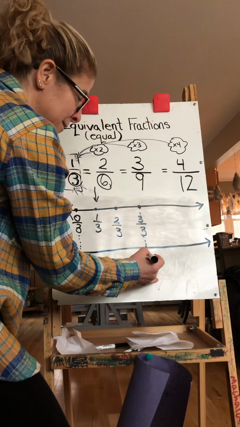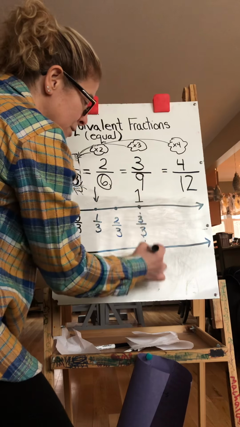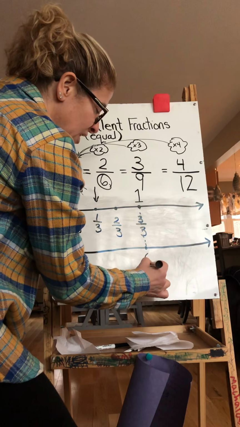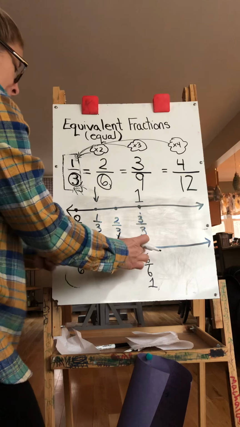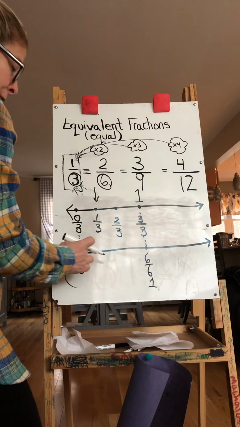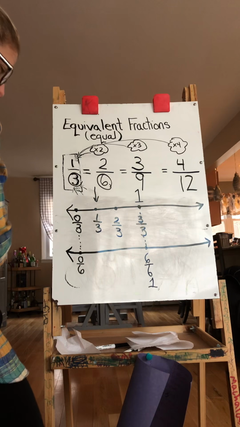So in this case, 1 whole is 3/3, well 6/6 equals 1 whole. So therefore, 1 whole equals 1 whole. But in between here, we have to divide it up into sixths.